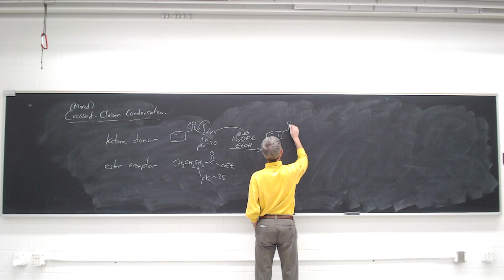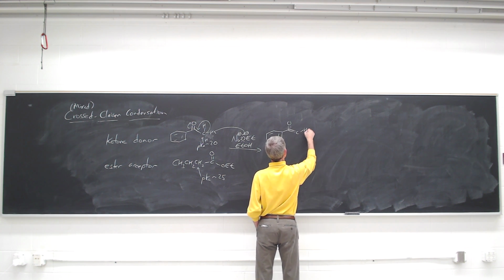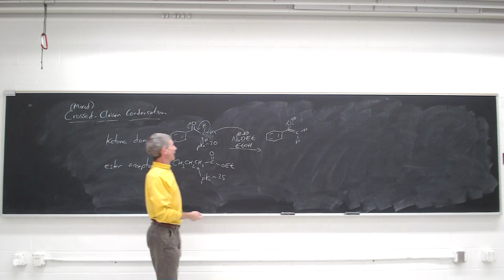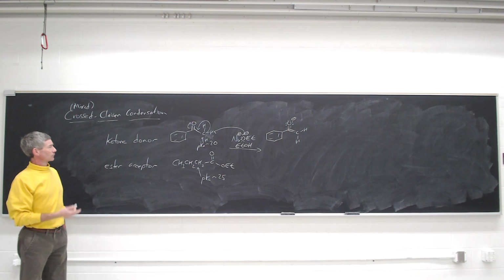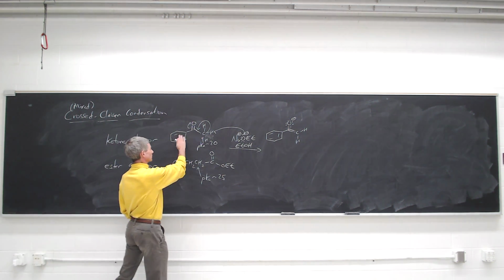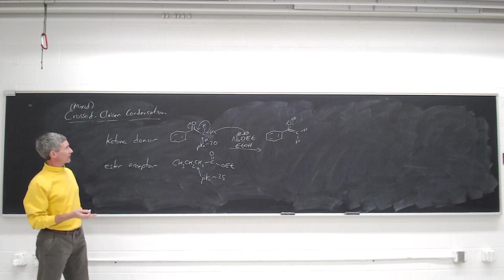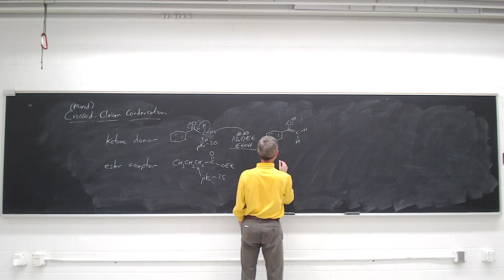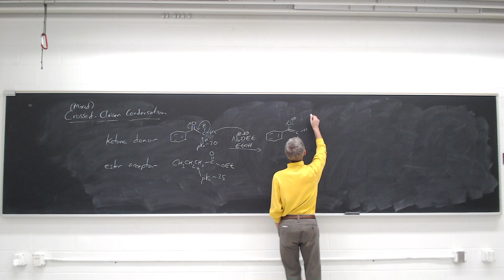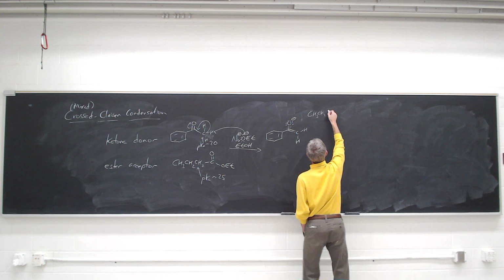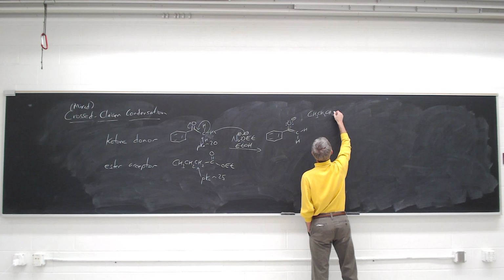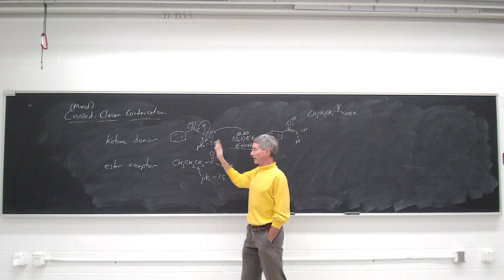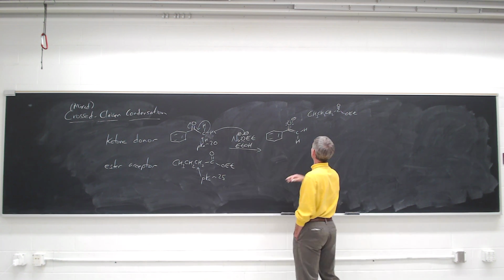I've used a ketone here that has only one type of alpha hydrogen, so we don't have to worry about the base yielding a mixture of two different enolates. This enolate can now react with the ester, and notice that I used ethoxide ion because I have the ethyl ester, ethyl butanoate in this case.